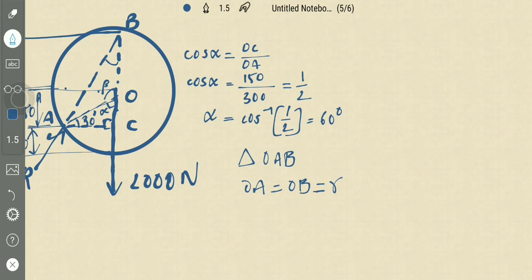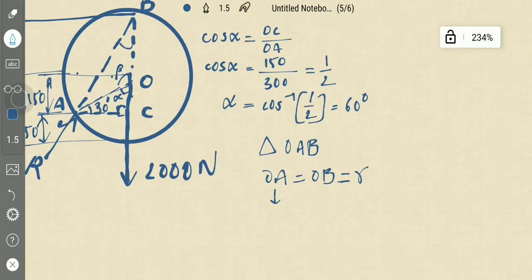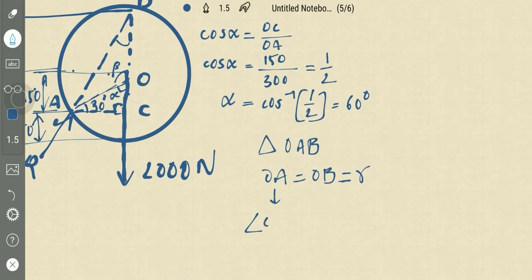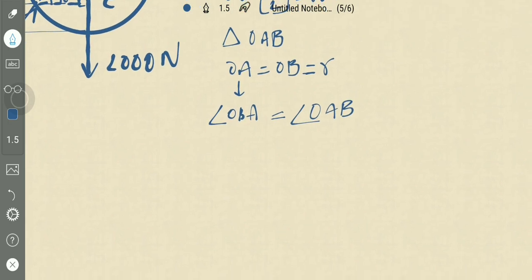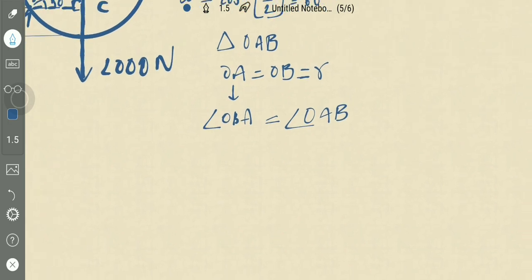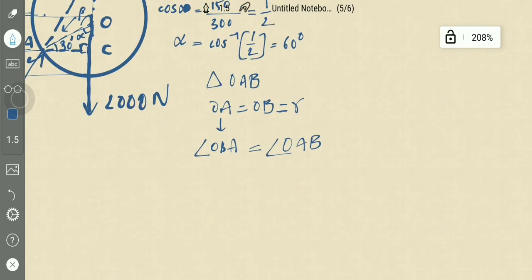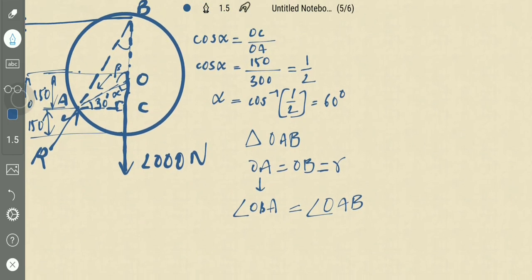Angle opposite to OA is angle OBA, which is equal to angle opposite to OB, which is angle OAB. Right. And also alpha plus beta. What is alpha plus beta?